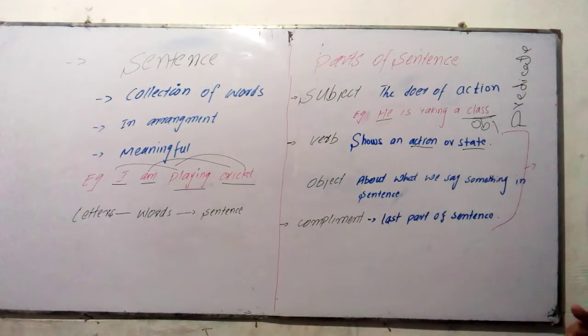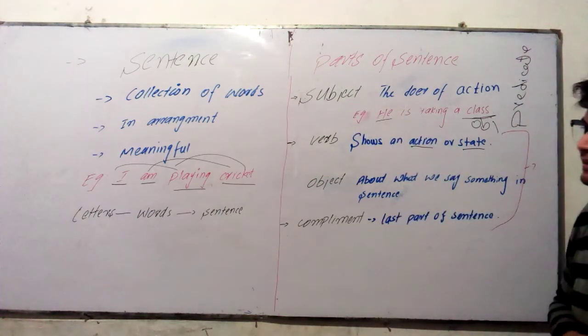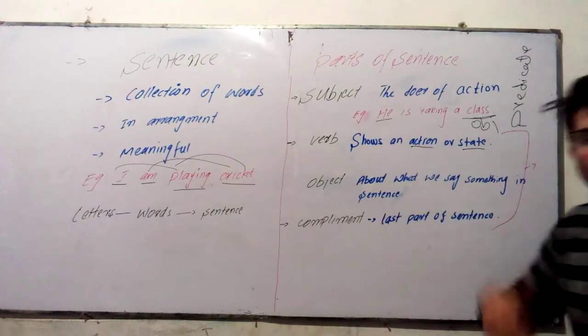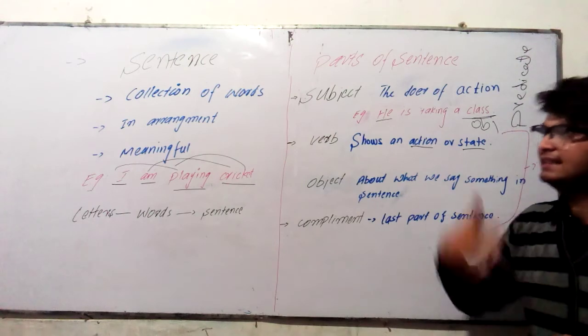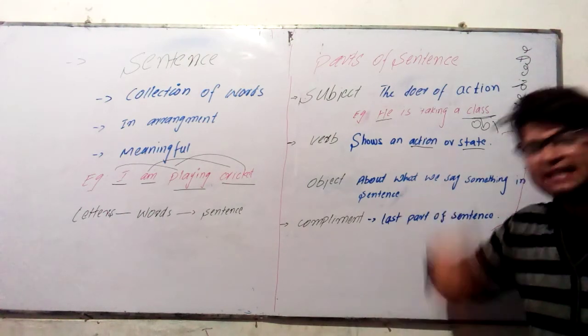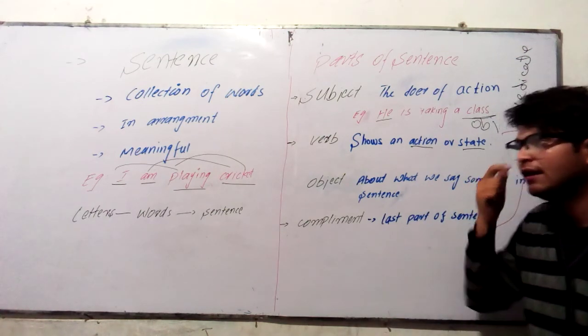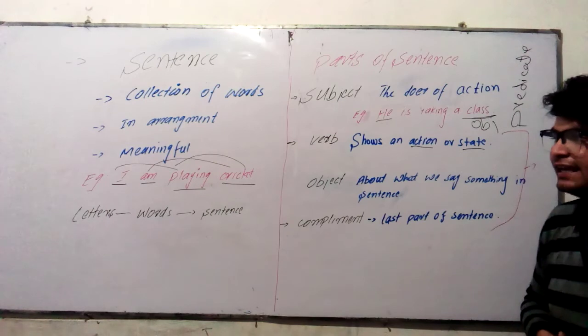So let's recap it. First I explained sentence, that it is a collection of words, and these words must be in arrangement form, and when arranged together it must be meaningful. Like the example, I am playing cricket.